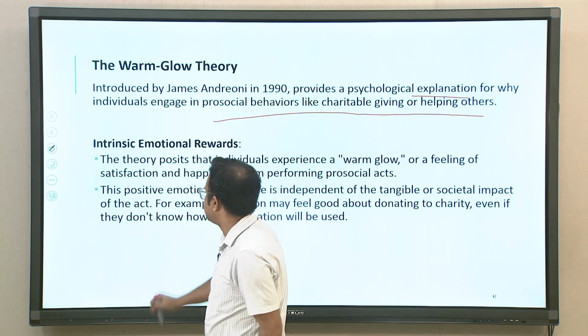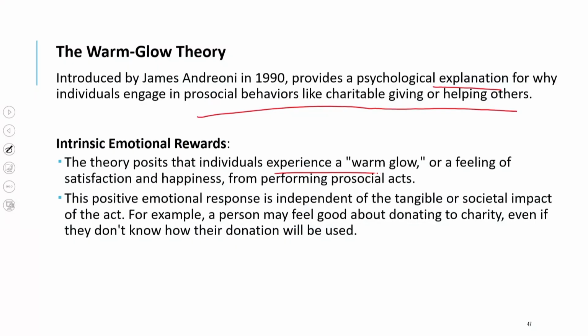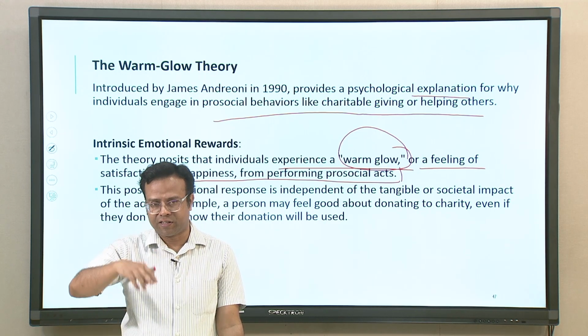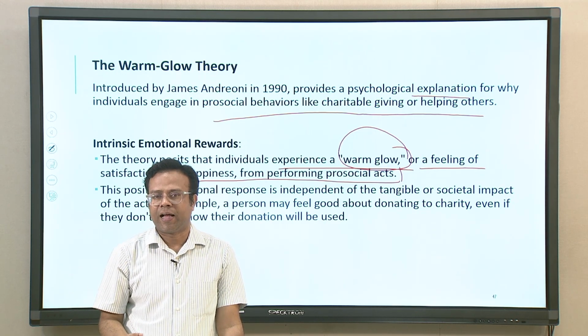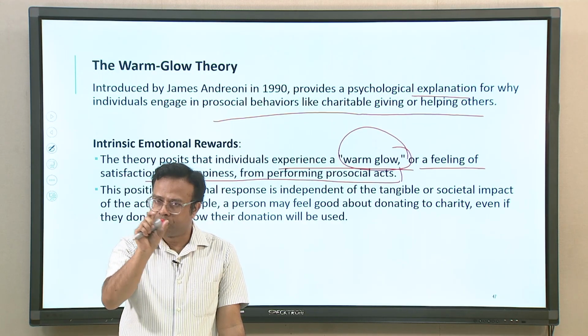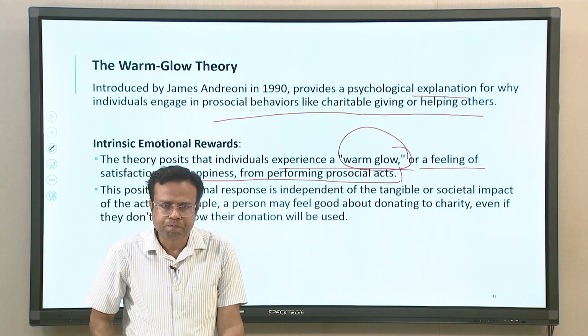Individuals experience a warm glow, or a feeling of satisfaction and happiness, from performing prosocial acts. Whenever people engage in a prosocial act, generally they feel a sense of satisfaction and happiness out of it. That is what they call a warm glow experience.